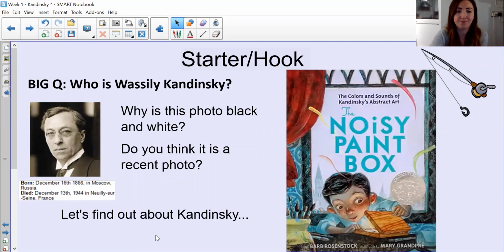Okay, so let's have a little look at this picture here. This is a photograph of Vasily Kandinsky. I wonder, why do you think this photo is black and white? Do you think it's a recent photo?